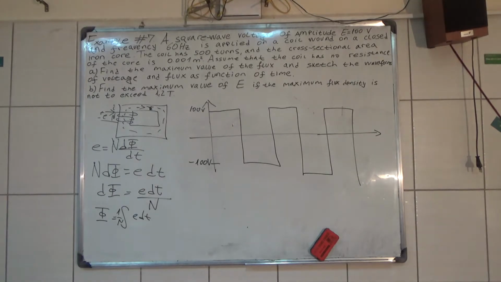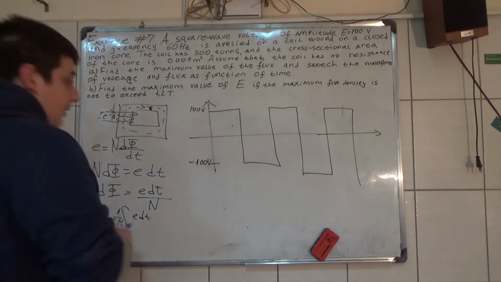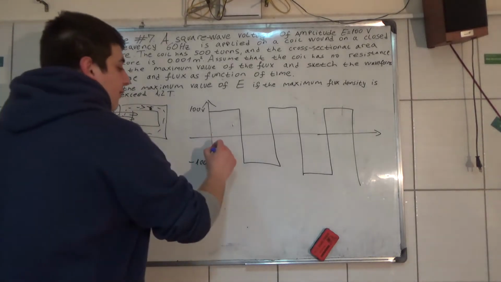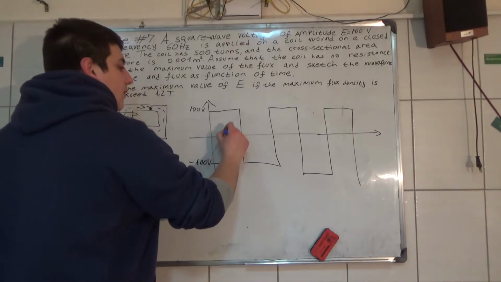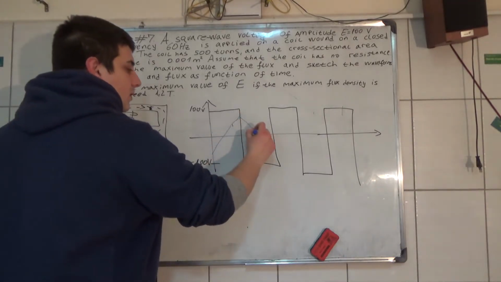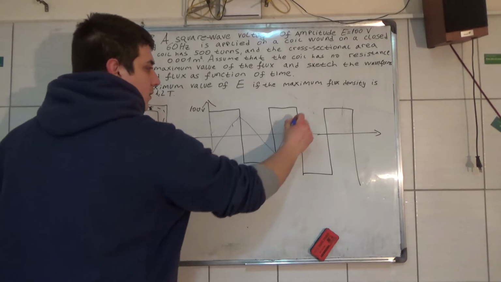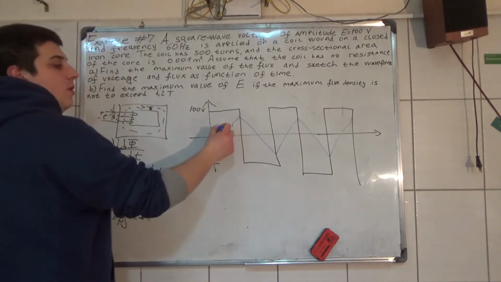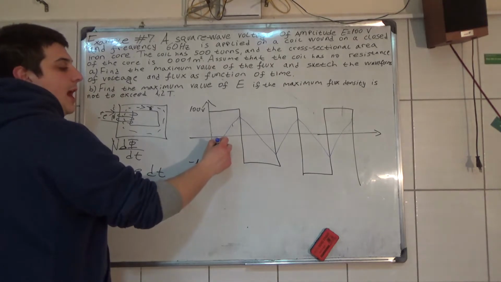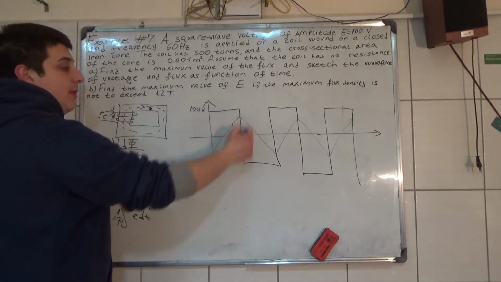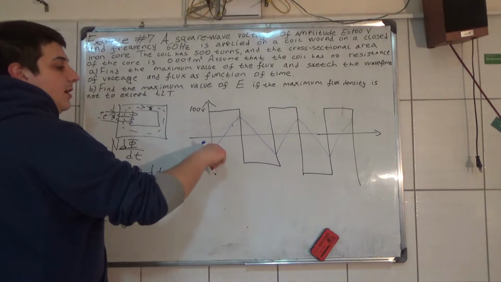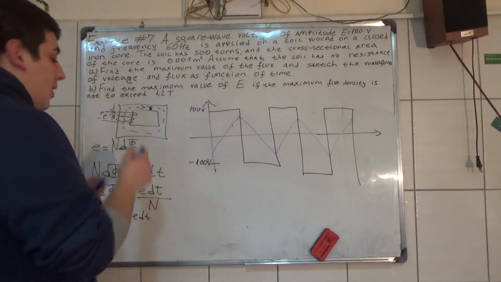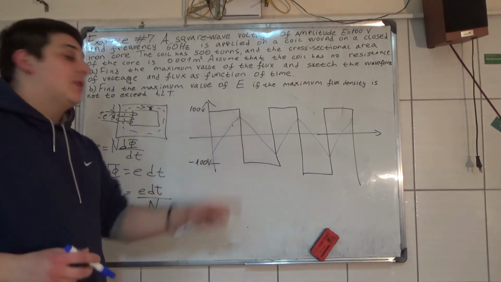Let me take another marker. The flux is going to start from minus flux maximum. The blue line is flux, and the black one is voltage, which is a periodical square wave.